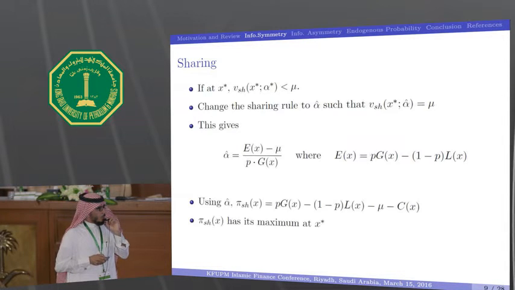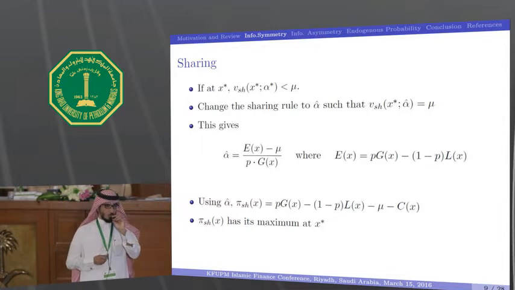We insert this into the entrepreneur profit function to get this relation, maximizing this with respect to the effort. We found that the maximum profit will be again at the effort the self-financed entrepreneur would choose.